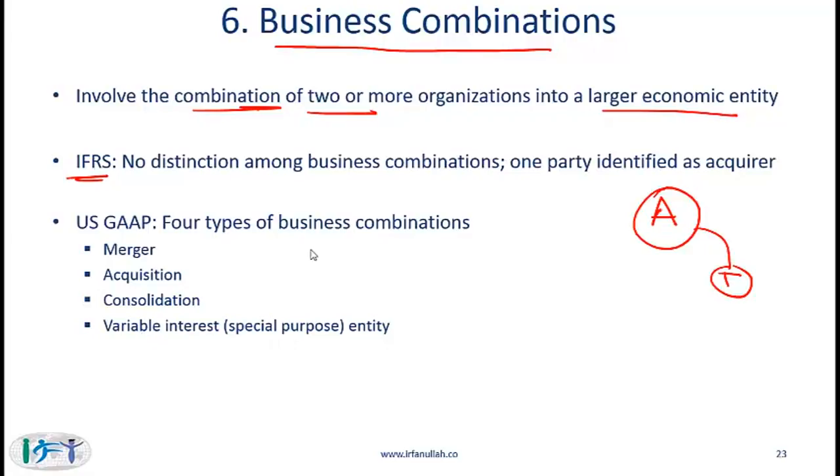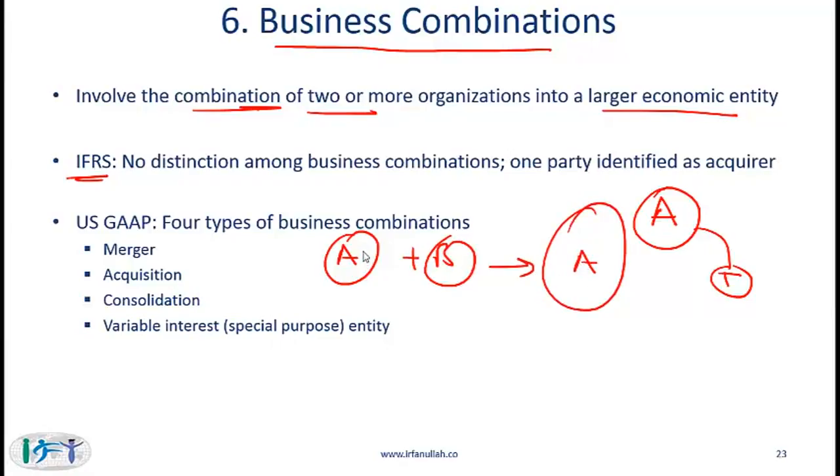In a merger, we have two companies, let's say A and B, which merge, and then we have a larger A in the sense that A is simply taking over B and becoming larger. B ceases to exist.